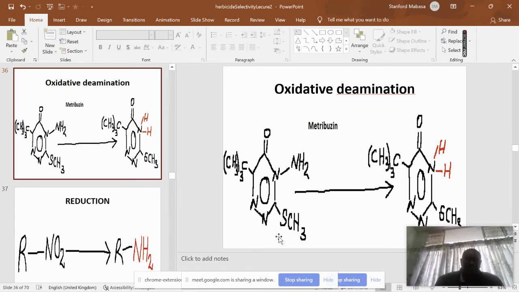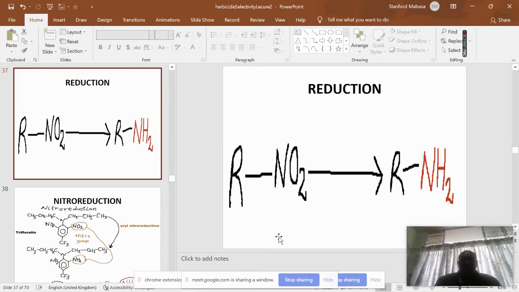Right. We move on to reduction. Reduction is just one reaction. And for it to take place, we should have an NO2. Then this is converted to RNH2.